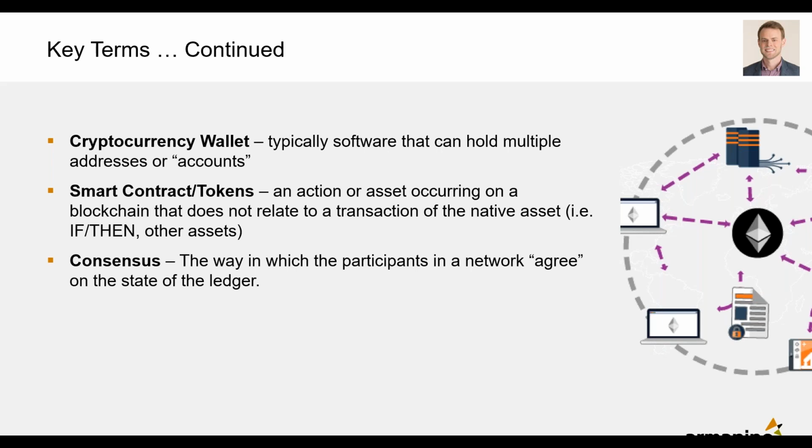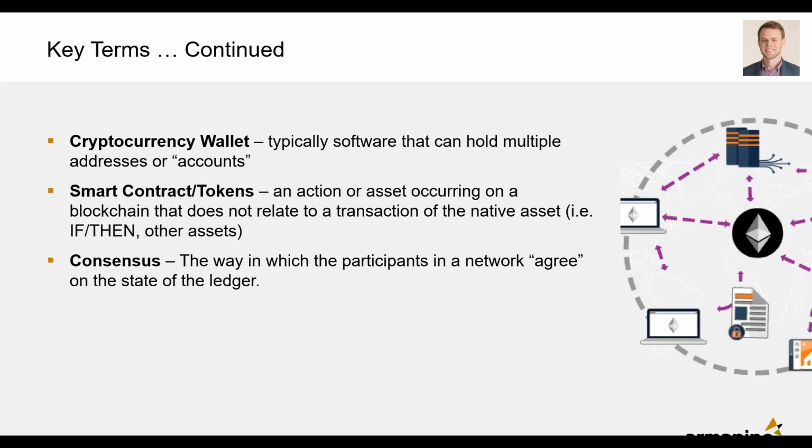And then consensus is the way in which the participants in the network agree on the state of the ledger. There are a few different mechanisms to achieve consensus, but think about this Bitcoin environment, just to focus on that for a second, where we have this public ledger. Let's say everybody on the call would have access to this public ledger, and we would all be recording transactions and then trying to submit these transactions into our blockchain.